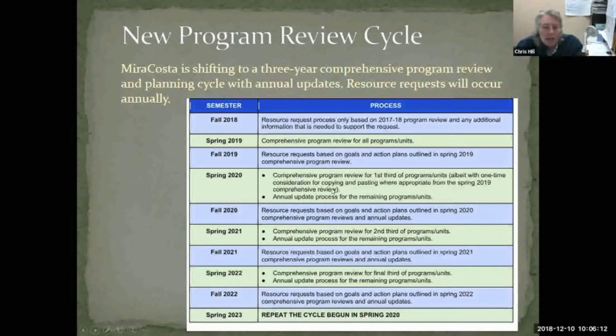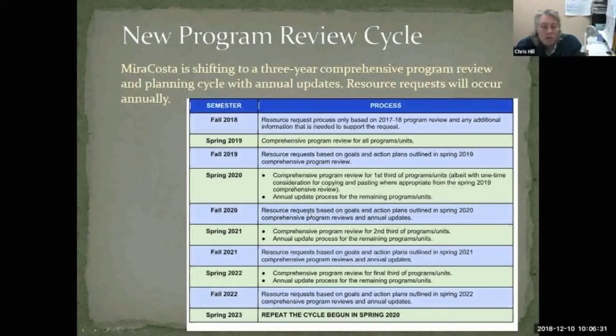If a lot hasn't changed, you'll have the opportunity to cut and paste or roll that stuff over into spring 2020 and make a few changes if that's applicable. For the other 2/3, they're going to do their first annual update for their program review. And then again, the process continues.